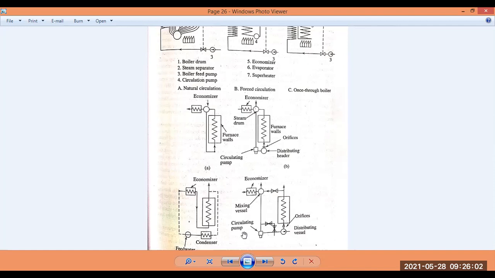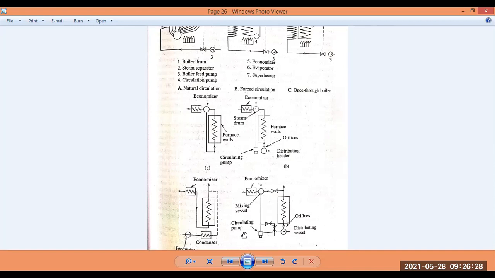The water and water vapor mixture inside the downcomer is of higher density than what is being boiled and converted to steam in the riser, so the heavier mixture flows through the circuit and pushes the vapor up, and thus it ensures the circulation.